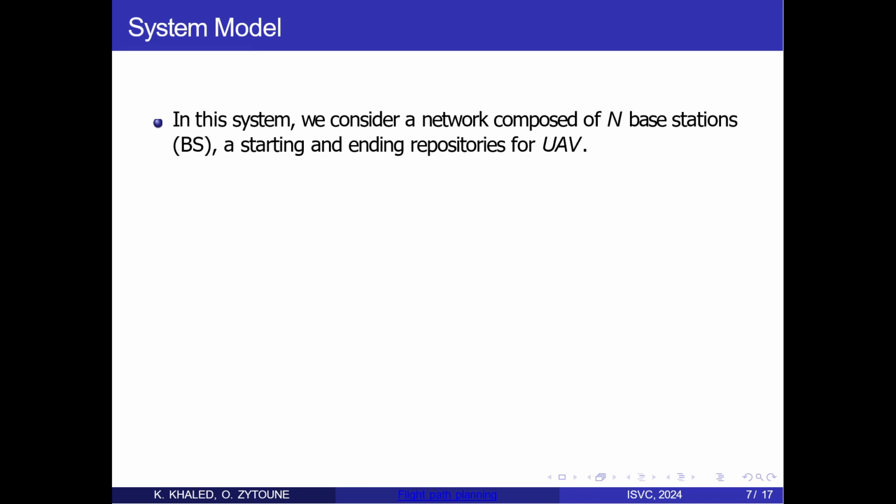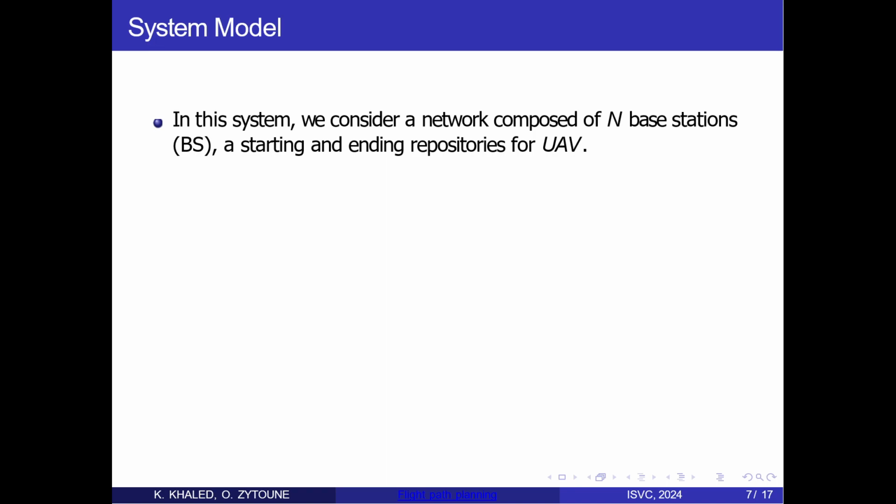To tackle this problem, we develop a comprehensive system model. In this system, we consider a network composed of n bus stations, and a starting and ending repository for UAVs.